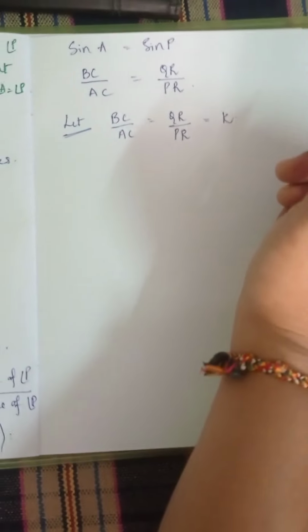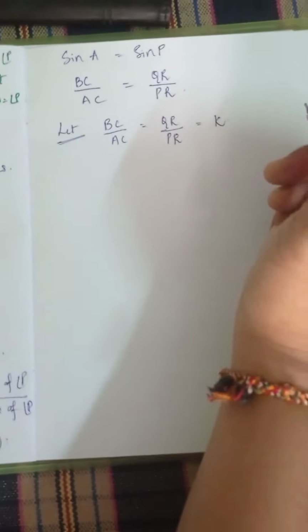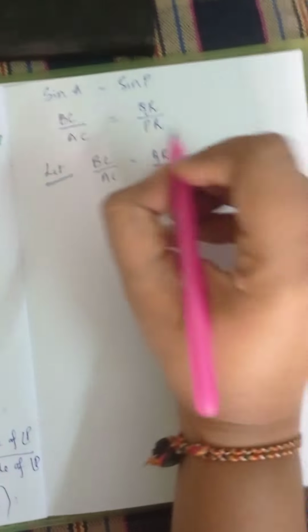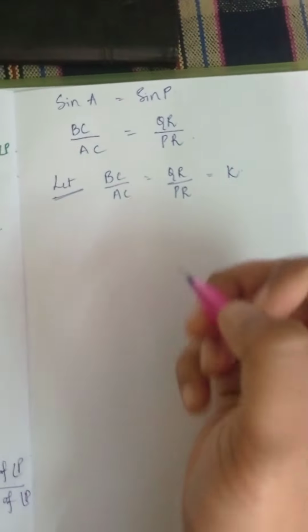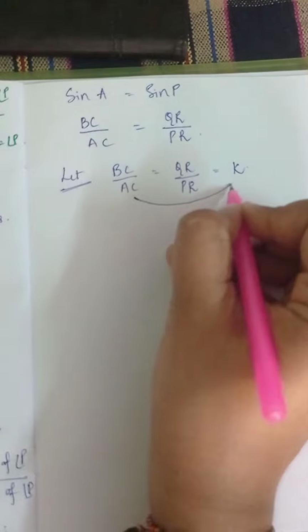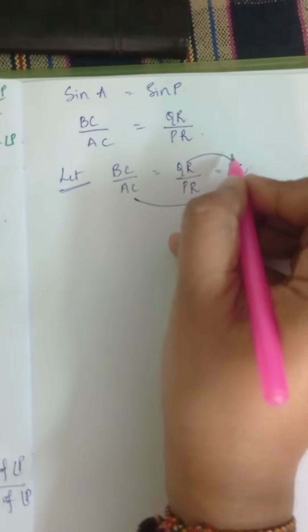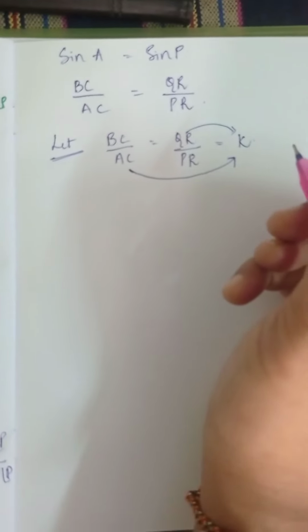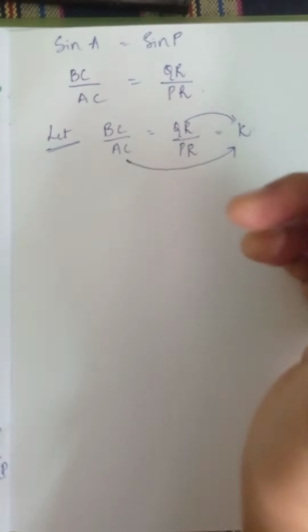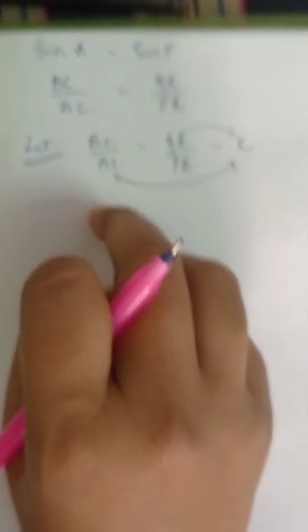Now BC by AC equal to K, and QR by PR is equal to K, right?